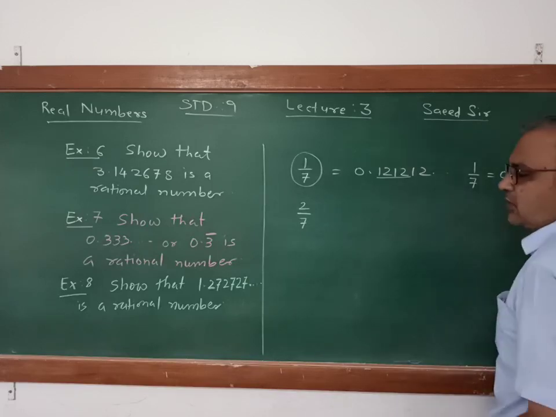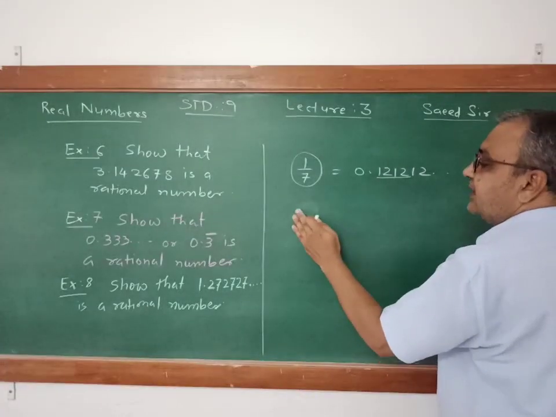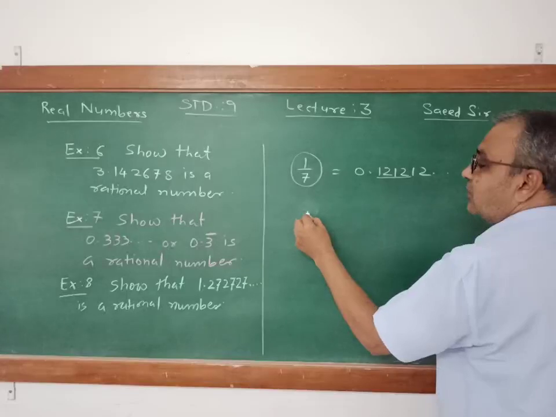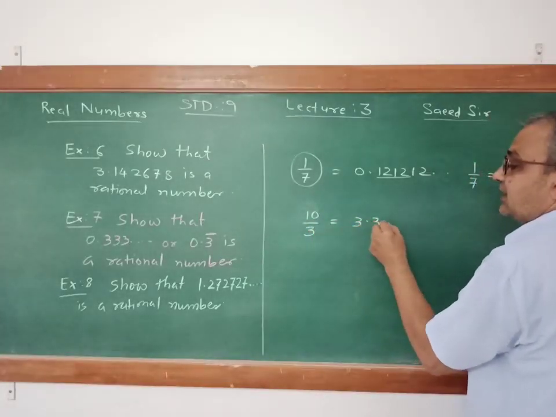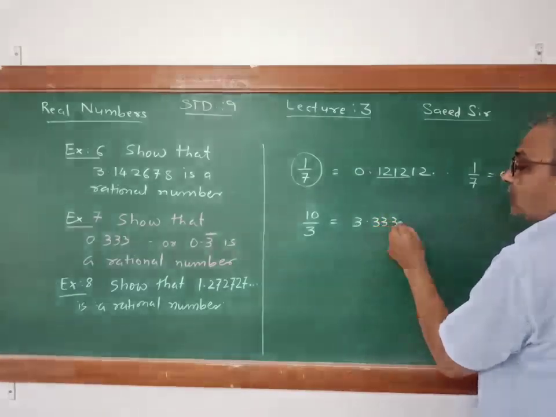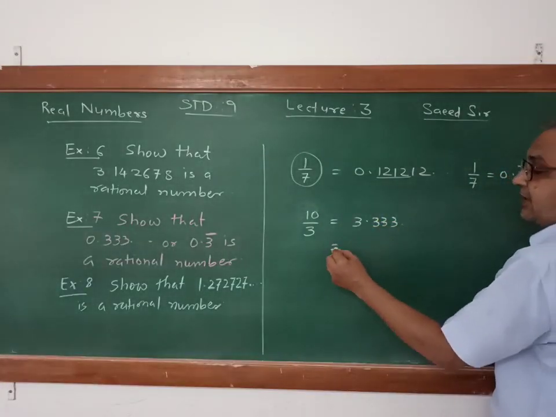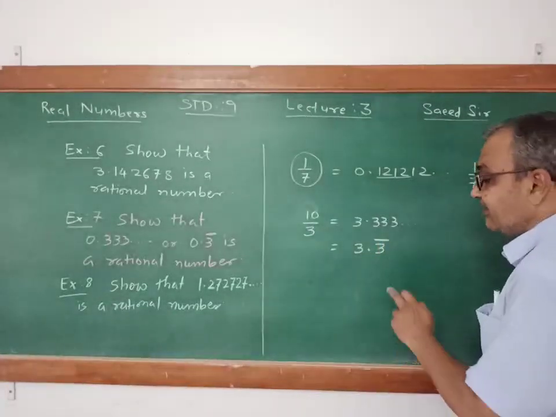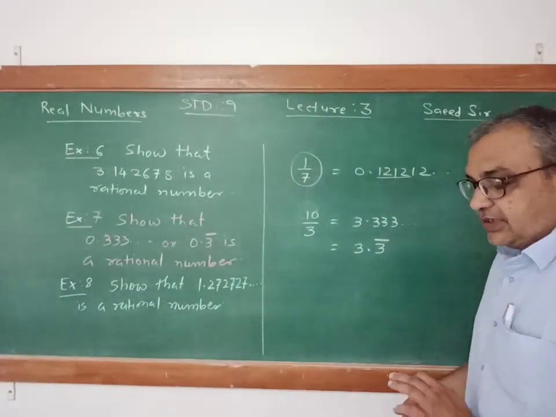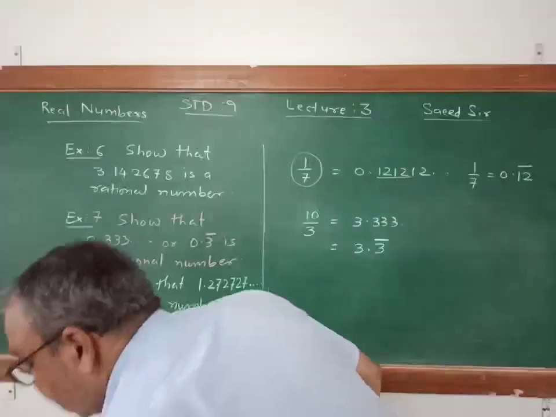This is 12 bar. Or 10/3, the answer is equal to 3.333..., which can be written as 3.3 bar. This is 3.3 bar. So just consider these things.